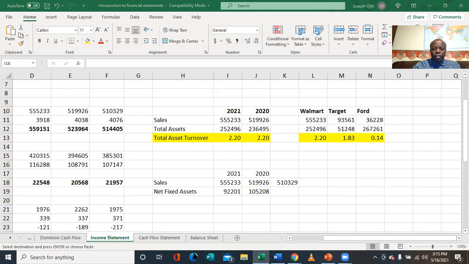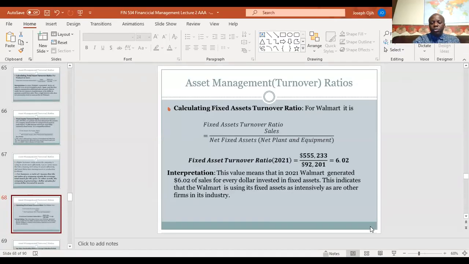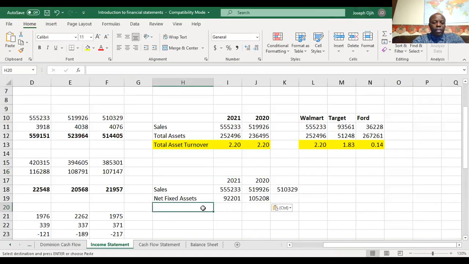What do you call it again? The fixed asset turnover ratio. So the fixed asset turnover ratio will be the fixed asset turnover ratio. Okay.